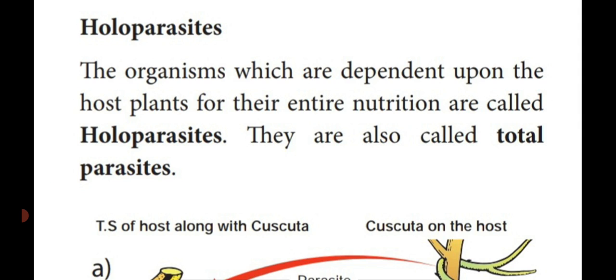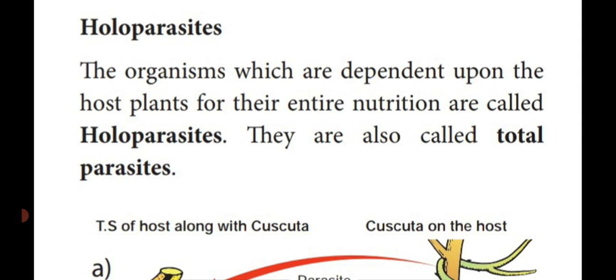What is a holoparasite? The organisms which depend upon another organism for their entire nutrition or food material are called holoparasites. Otherwise called total parasites.